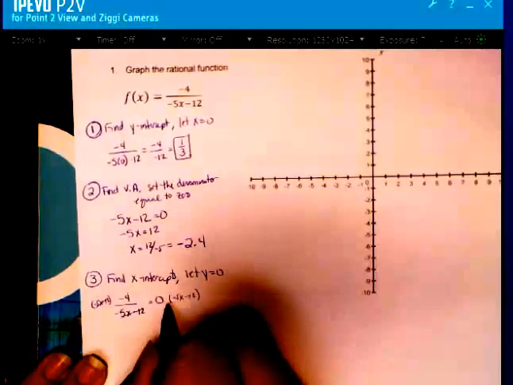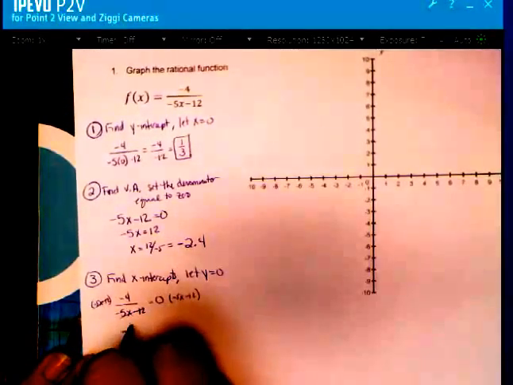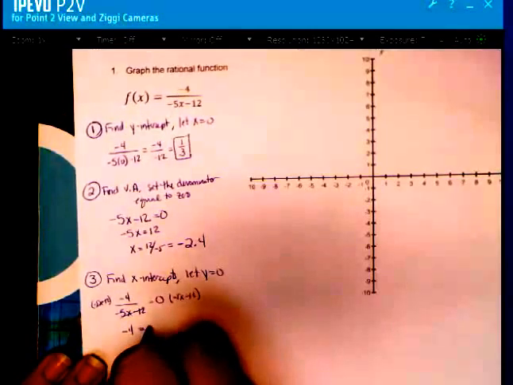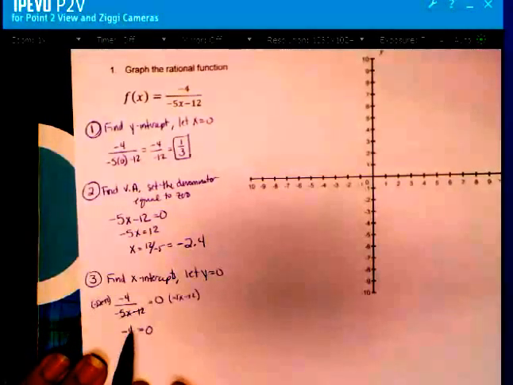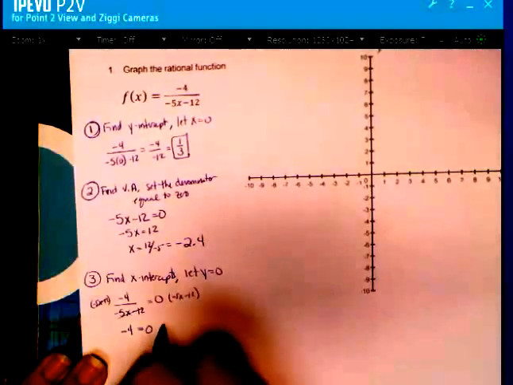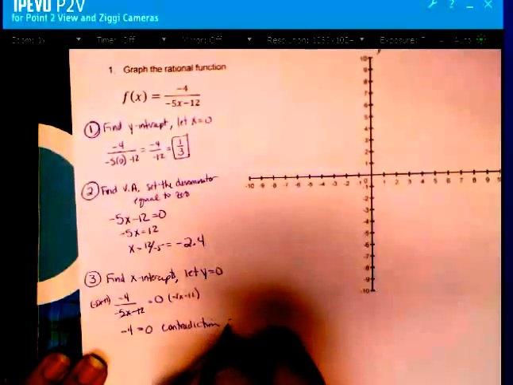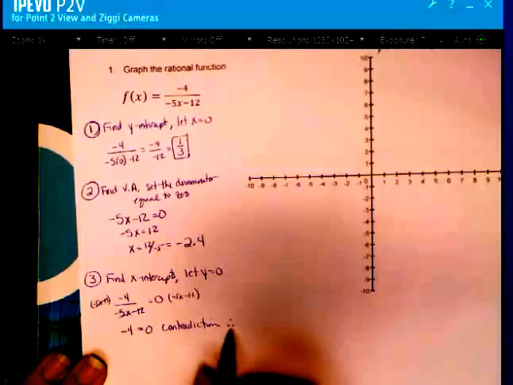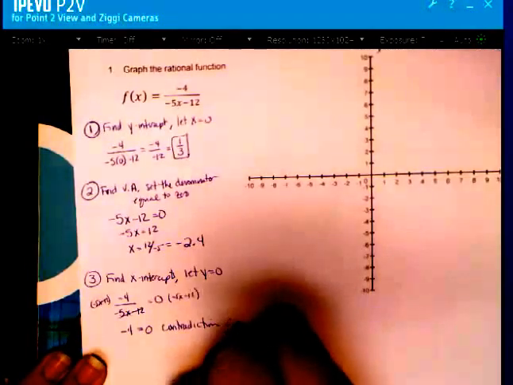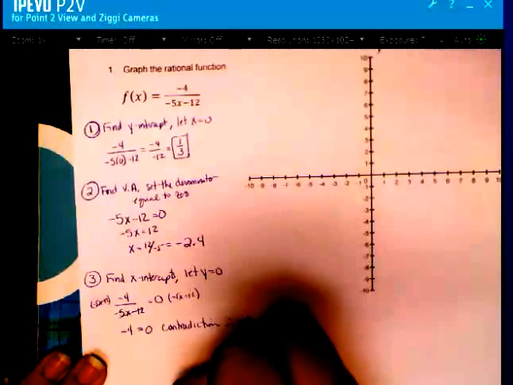When we do that, those cancel, leaving us with -4. Well, 0 times any term is equal to 0. Notice that this right here is a contradiction. Therefore, so that little symbol, the 3 dots, means therefore, there is no x-intercept.